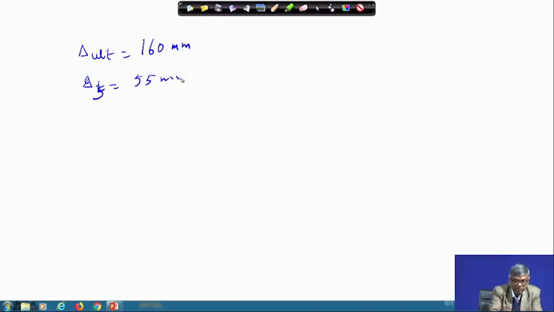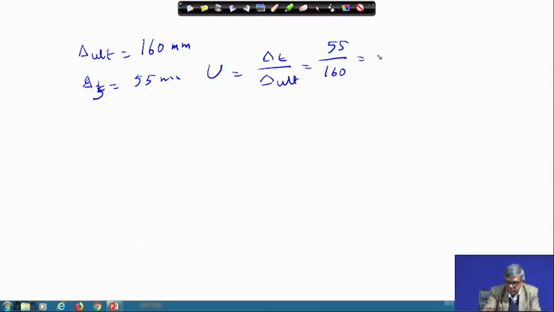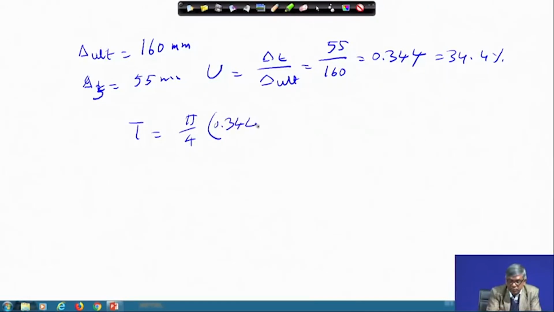So, 55 millimeter. U becomes delta t by delta ultimate, so it becomes 55 by 160, which is 0.344. That is 34.4%. So, I can find the corresponding T equal to pi by 4 into 0.344 squared.